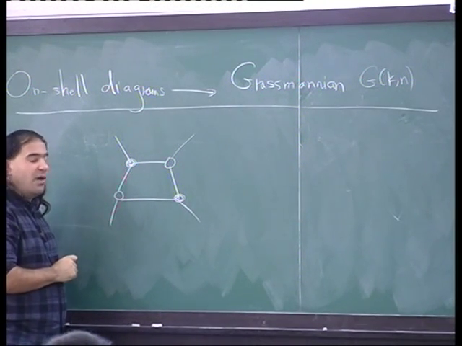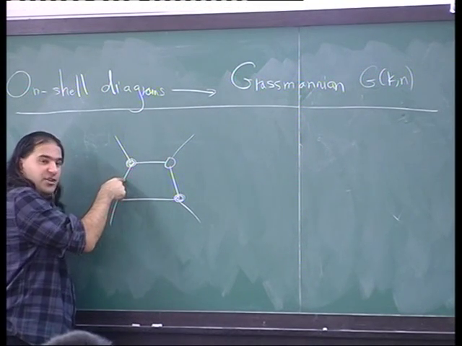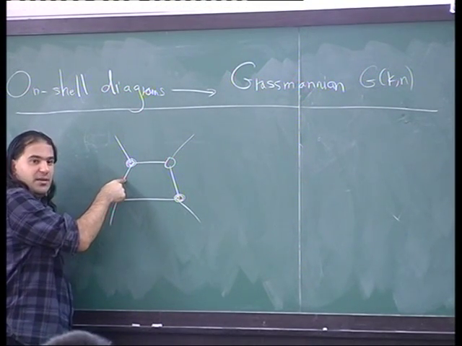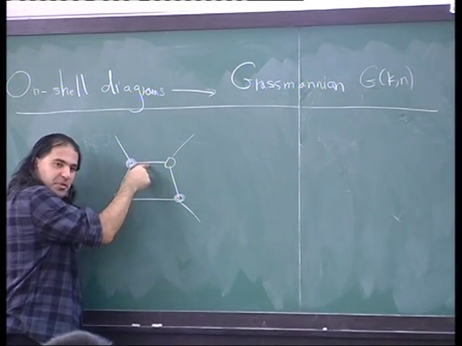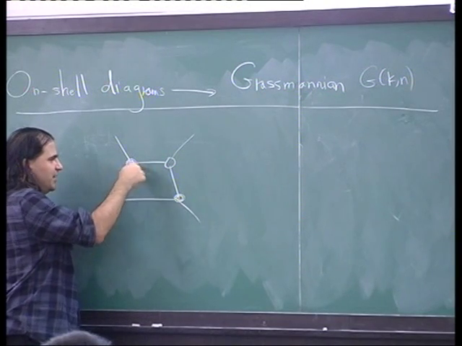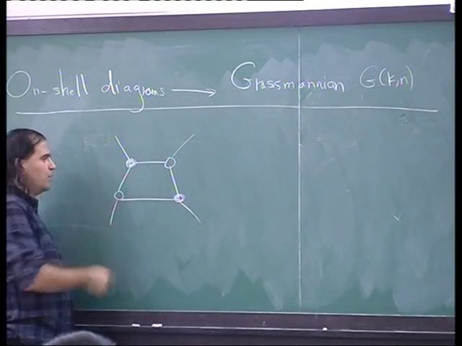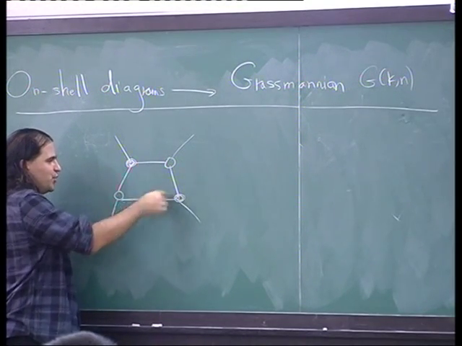From the usual point of view, the hard part would be the quadratic constraint that these are on shell, right? So L squared is 0, L plus P1 squared is 0, and so on. That trivializes the internal ones, but the constraint that they're on shell is non-trivial. From our point of view, we're putting them on shell to begin with, so that part is trivial.